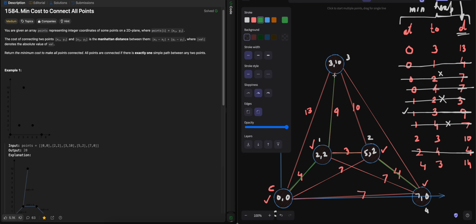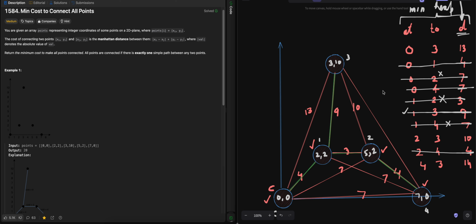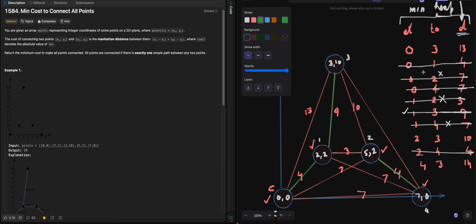Let's make it part of the final MST path. But there are other edges still remaining in the min heap.